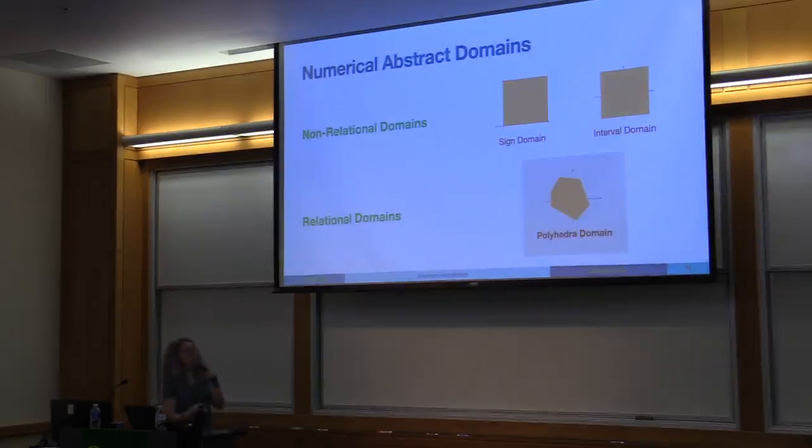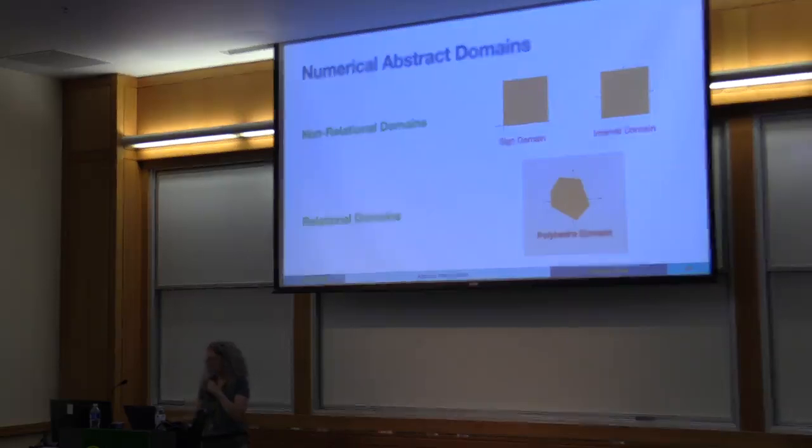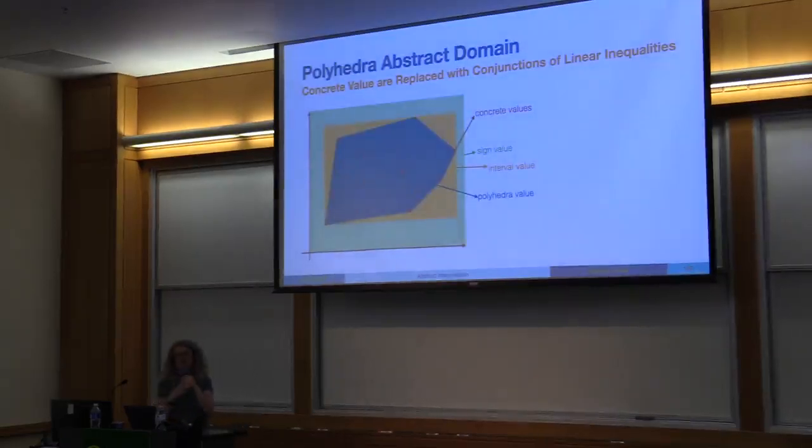So we need to track more information. We need what we call relational domains. These are domains that track relationships between variables. And essentially, instead of having concrete values, so maps from variables to concrete values, we have sets of constraints. So essentially, conjunctions of linear equalities that restrain the set of possible values that variables can take.